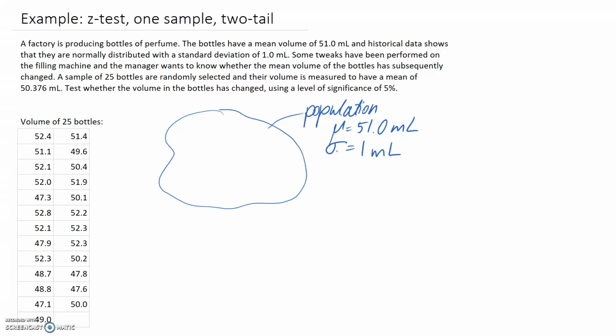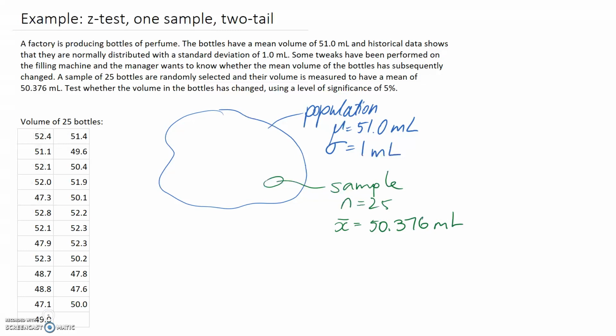So what we're looking at is a sample of bottles from that population that have been randomly selected. And we're told that we have 25 bottles in that sample. And their volume has been measured to have a mean of 50.376. So that's going to be X bar for the sample, so the mean of the sample.